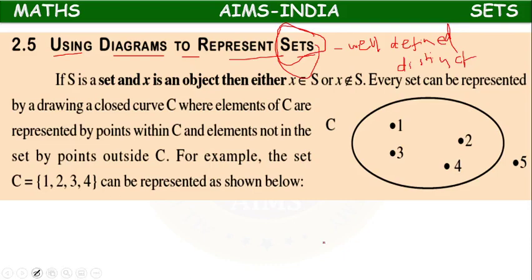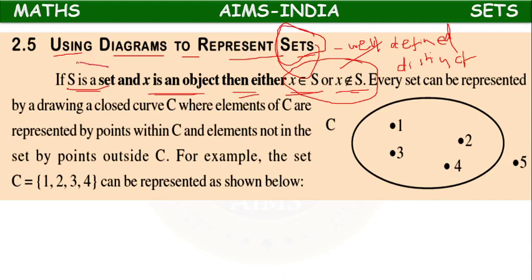So if S is a set and x is an object, then either x belongs to S or x does not belong to S. In these two relations, any one relation should exist.